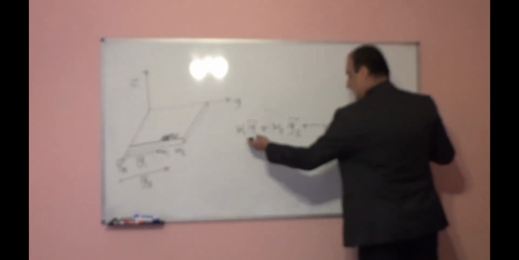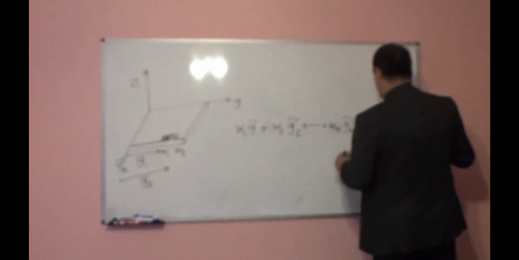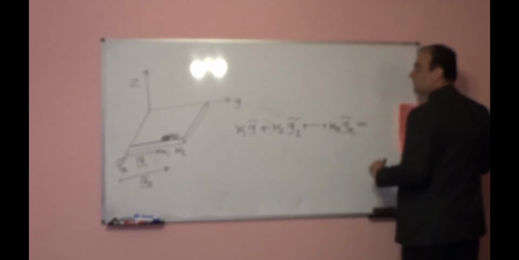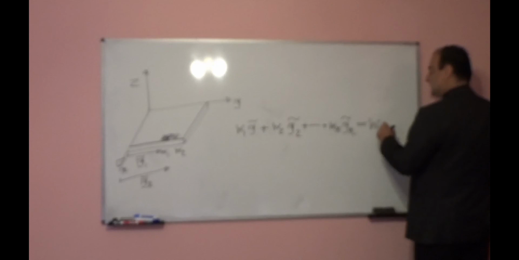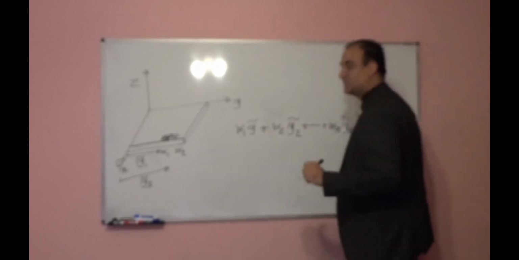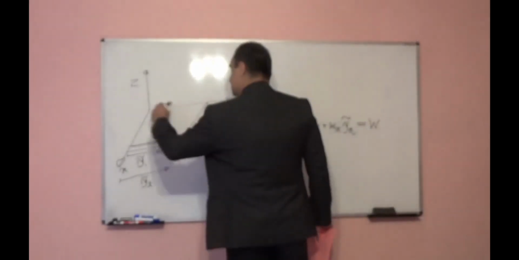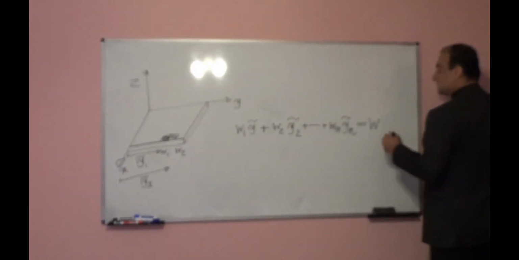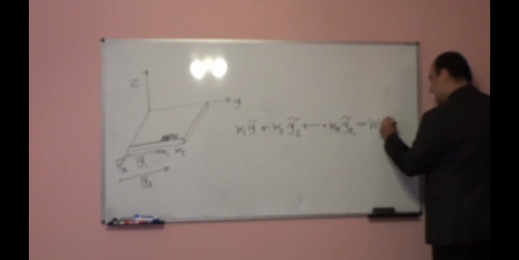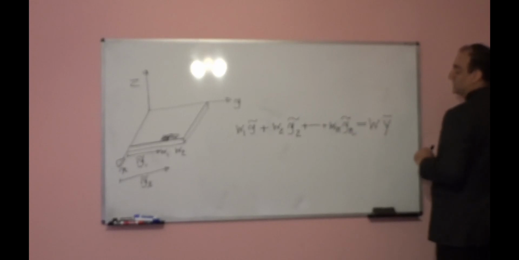So the entire moment will be equal to the total weight. If the total weight for this plate is W, times the distance from the centroid of the plate up to x-axis, y bar.